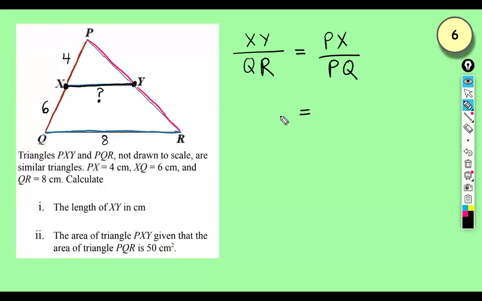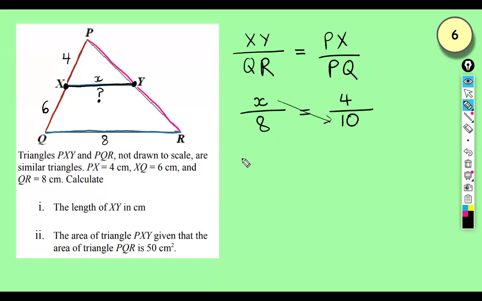Let's substitute in the values here. XY is what they want us to find, so I'll just call that x. QR is 8. It's equal to PX, which is 4 over PQ, and I hope you all didn't fall for the trick for PQ. PQ is 10, the 6 plus the 4.